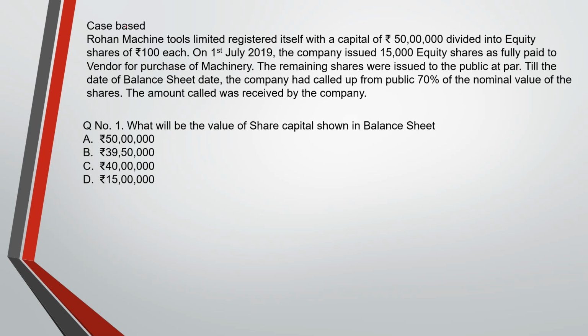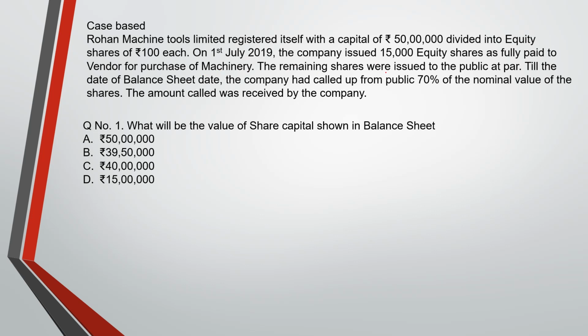Now here, Rohan Machine Tools Limited registered itself with a capital of rupees 50 lakh divided into equity shares of rupees 100 each. So it is not 50 lakh shares, it is rupees 50 lakh of 100 each. On 1st July 2019, the company issued 15,000 equity shares as fully paid to vendors for purchase of machinery. So this is the issue of shares for consideration other than cash, that is, for purchase of machinery.